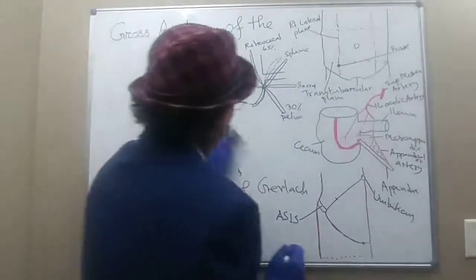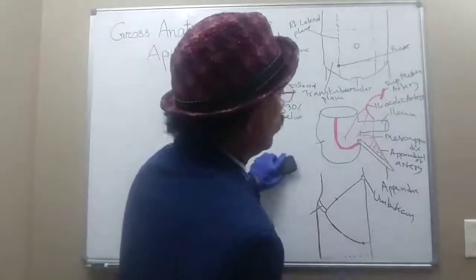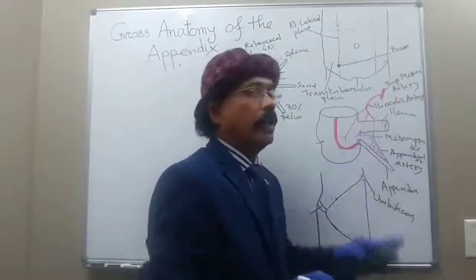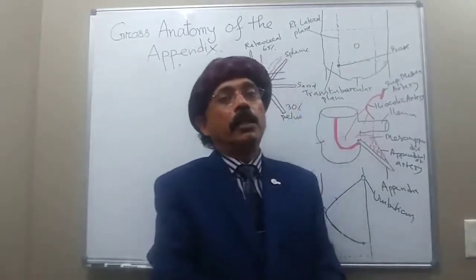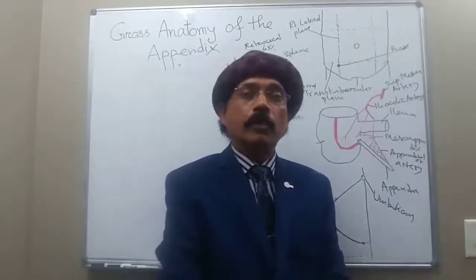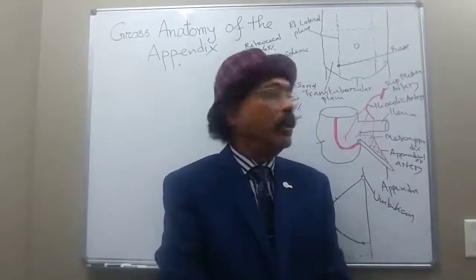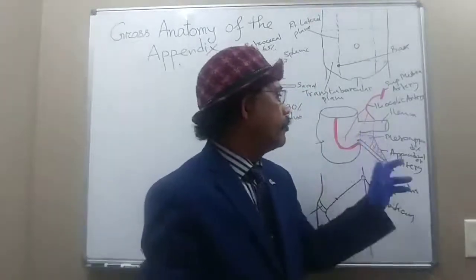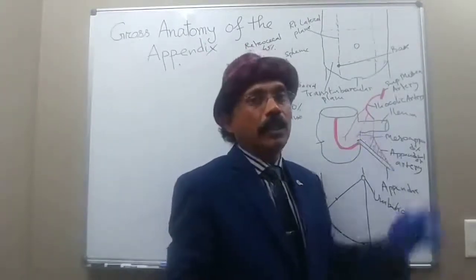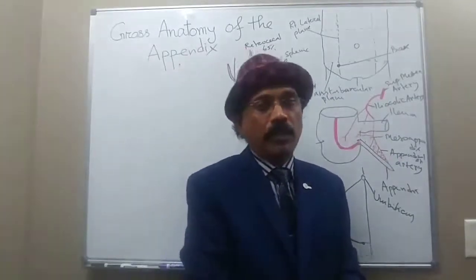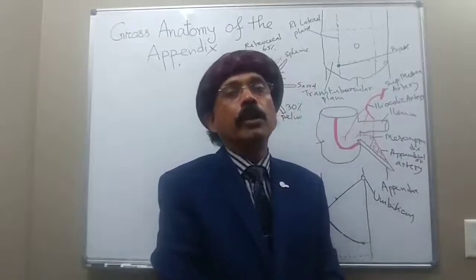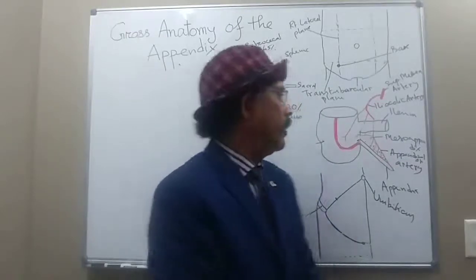Now we go to the venous drainage. We got the arterial supply. Venous drainage will go through the ileocolic vein, then it will go to the superior mesenteric vein, then it will go to the portal vein.